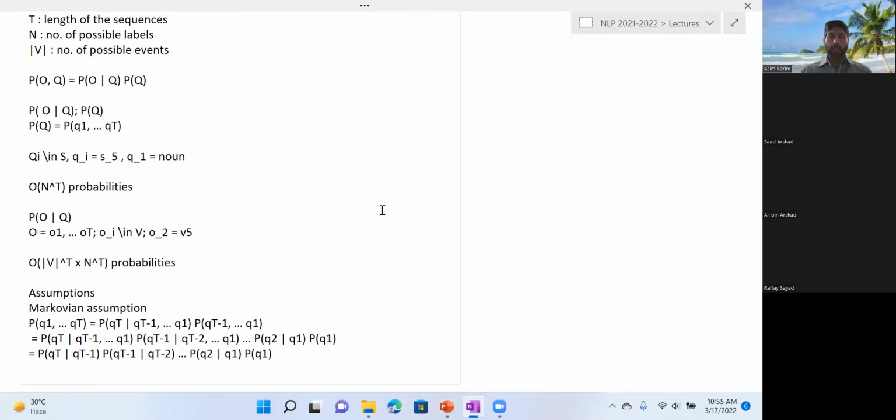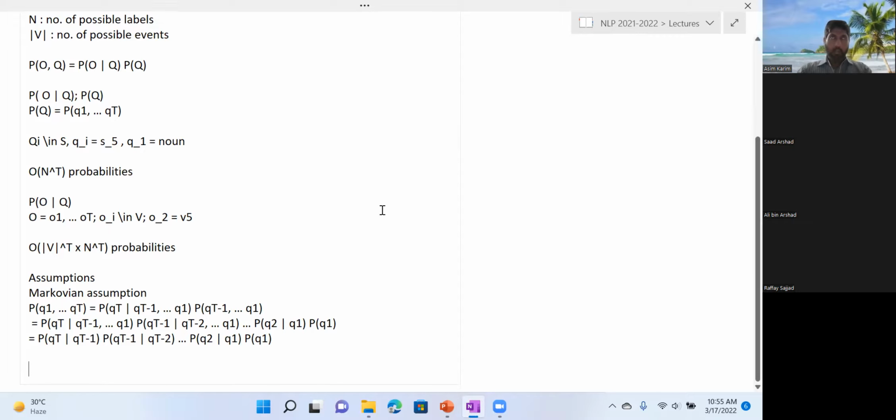So we have simplified our joint for capital Q into these probabilities, in which we only consider the preceding label, not all the labels before it. Okay.